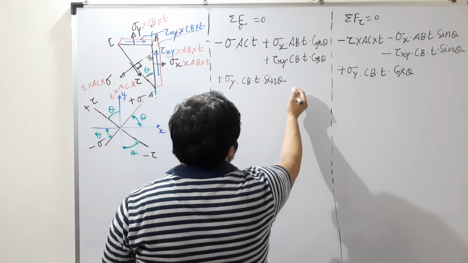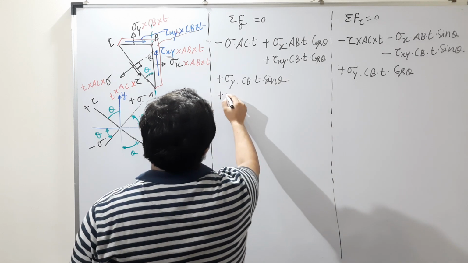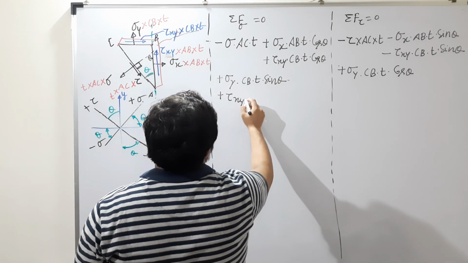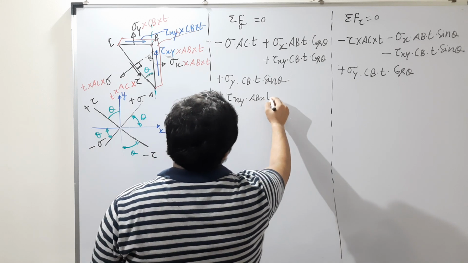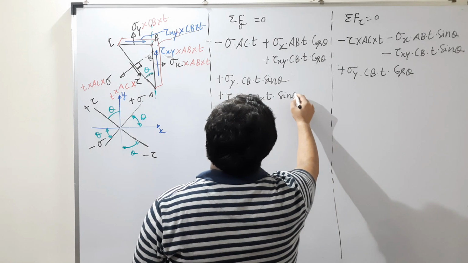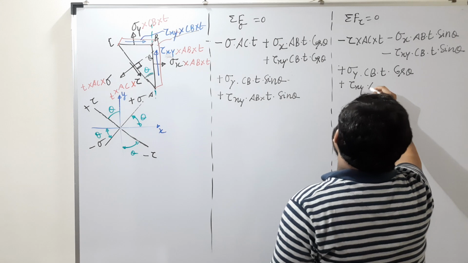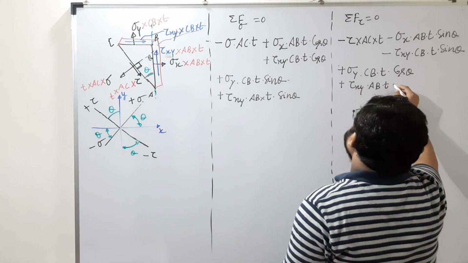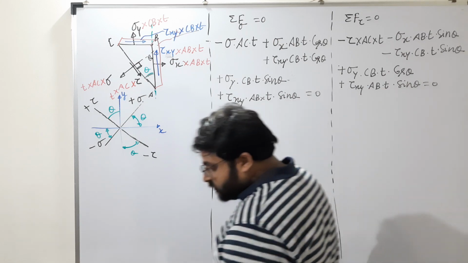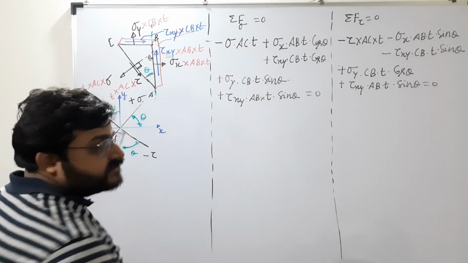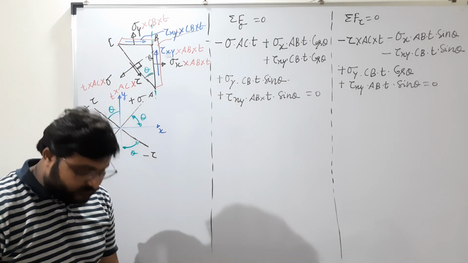So we will write here, plus tau xy AB into t into sine theta, and here we'll write plus tau xy into AB into t sine theta equals to 0. This will be the equation for us, right?